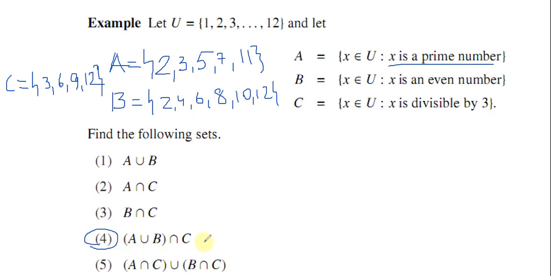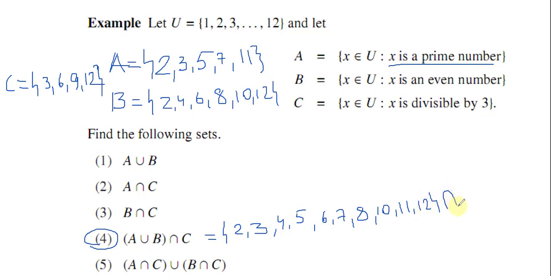A union B. We take all elements in A and in B. Here, 2, 3, 4, 5, 6, 7, 8, 10, 11, and 12.